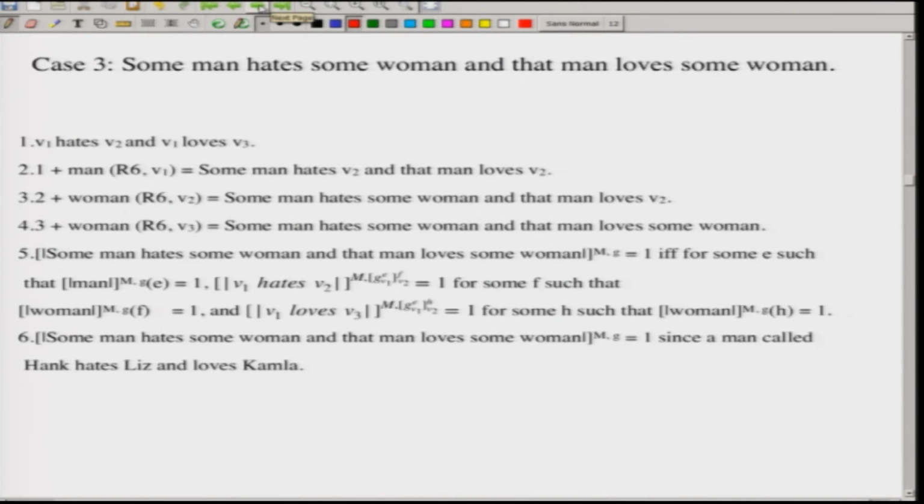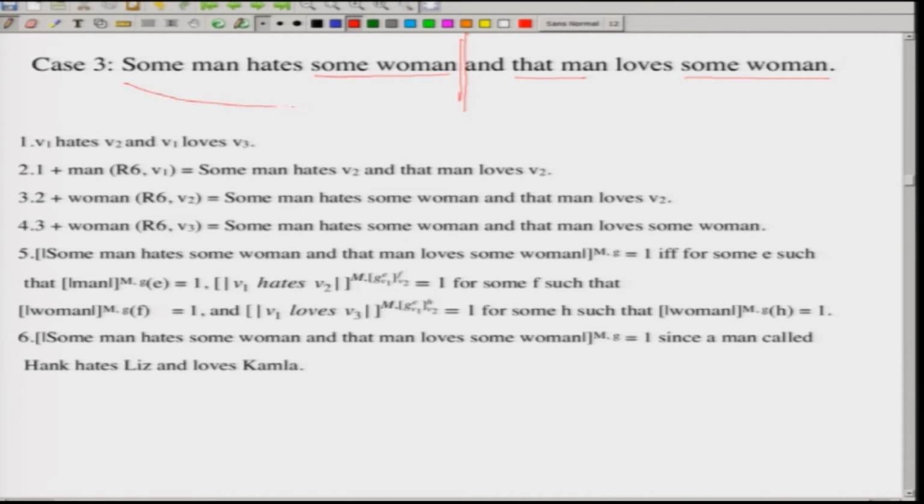And then we go to another case where we are just showing varieties, where we have practically 3 different variables. For example, some man hates some woman and that man loves some woman. Now, you can see, although these are the same phrase, some woman, they do not mean the same thing, they are different, because once again of binding.